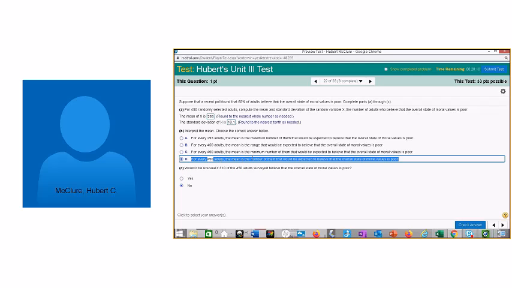The mean is the number of them that would be, well, a good word for probability is expected. The mean is the number of them that would be expected.